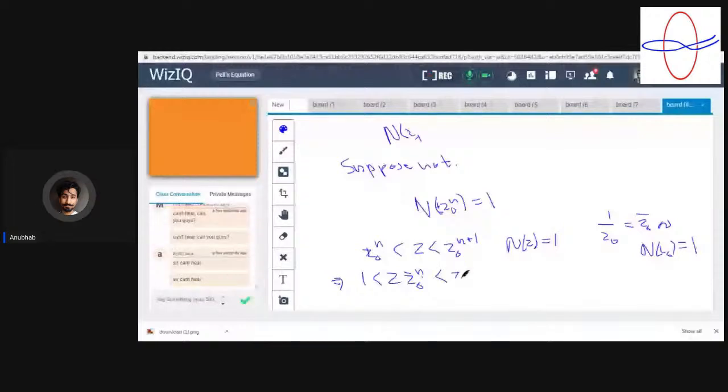But as the norm is multiplicative, I hope you can see that the norm of z times z naught bar to the power n will also be 1.